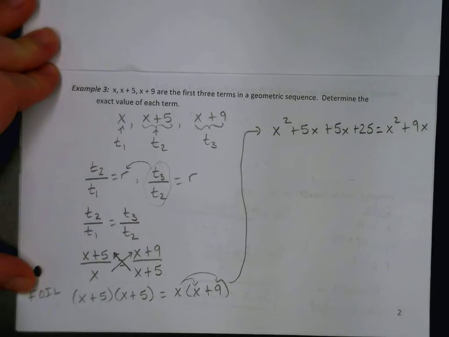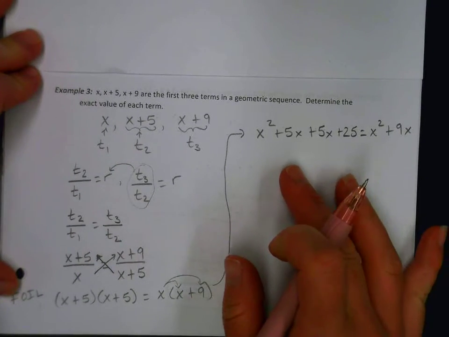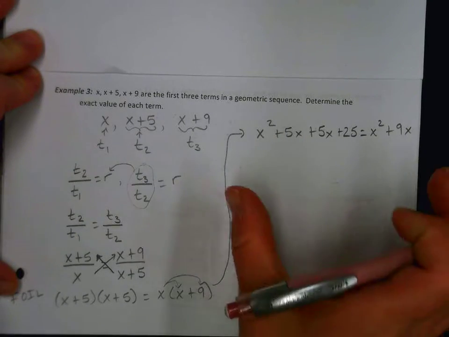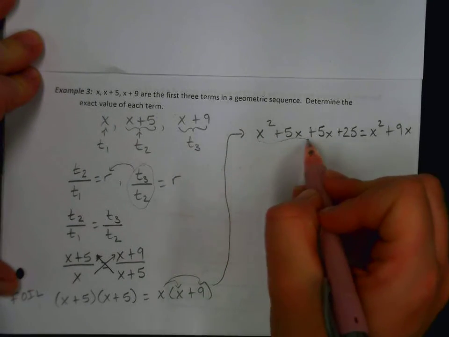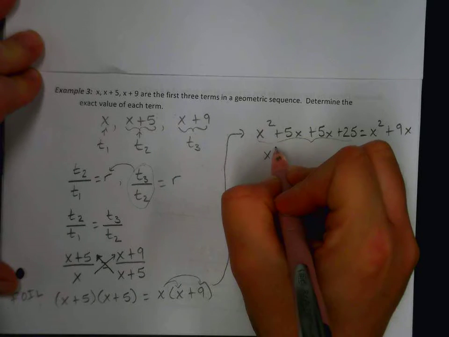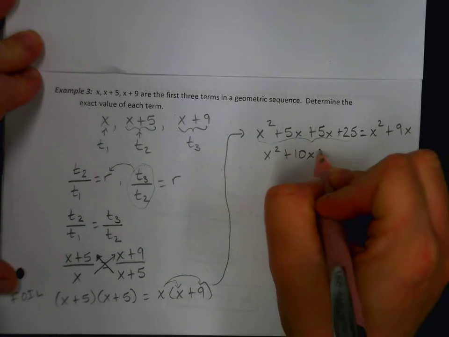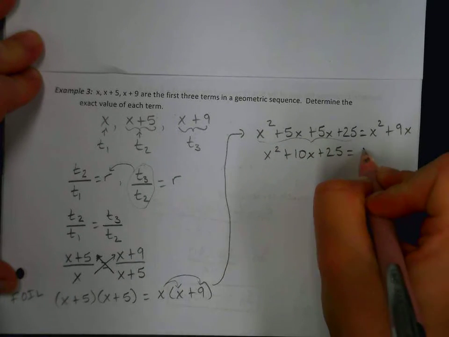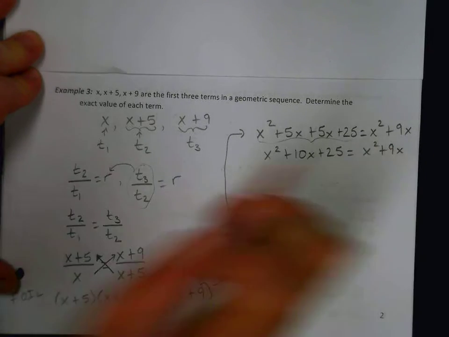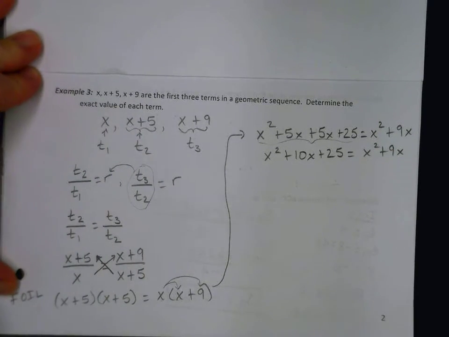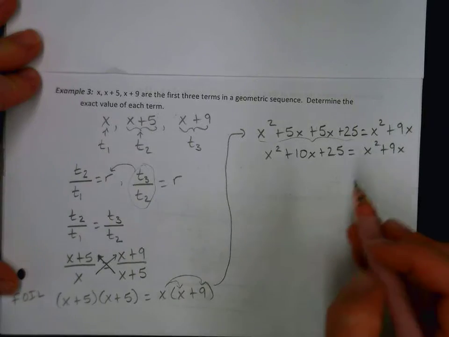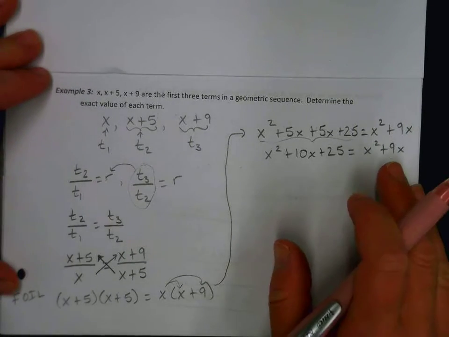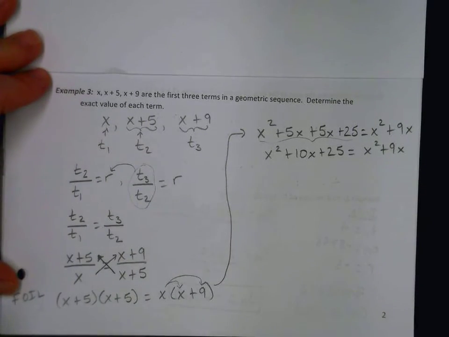Okay. So now what I want to do is solve this equation. Well, to solve this equation, I need to first simplify this side. So I have x squared plus 10x plus 25 equals x squared plus 9x. What we'd like to do when we solve these things is move our x's to one side of the equation.